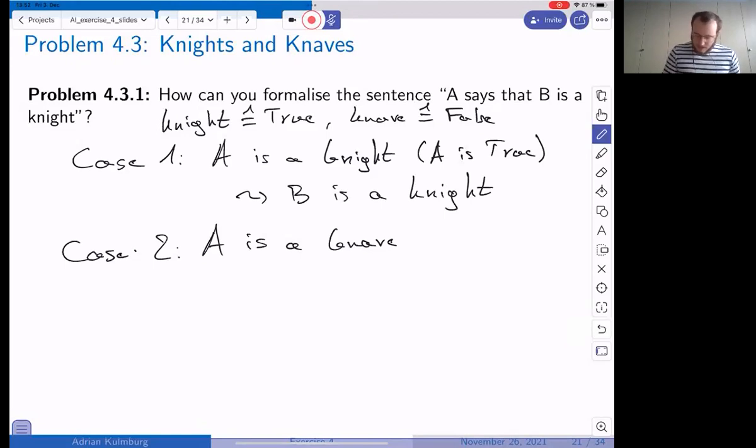And if A is a knave, so A is false in that case, then for the exact same reason, but in the other way, A is always saying something which is wrong. And since A said that B is a knight, that has to be wrong, and therefore B has to be a knave.